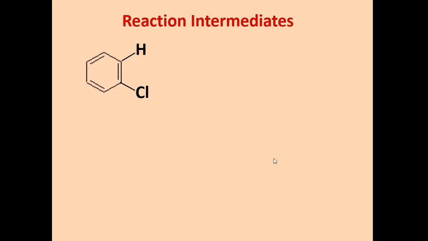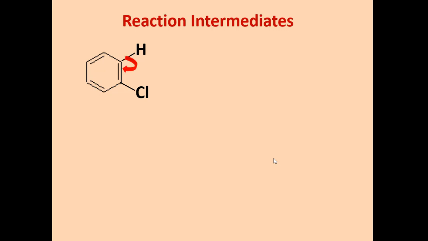Next we come to this compound. This is nothing but chlorobenzene. This is an aromatic compound. It is an aromatic ring of benzene in which one hydrogen atom is replaced by a chlorine atom.